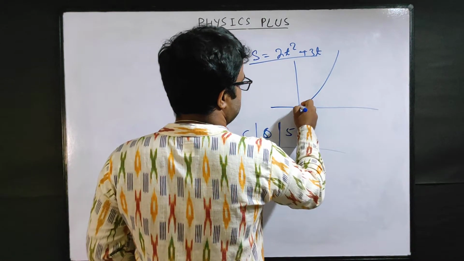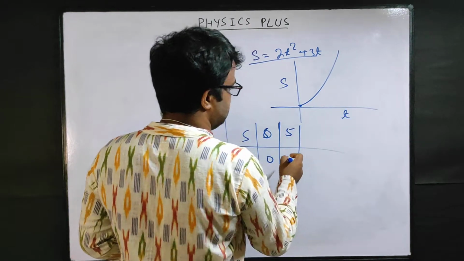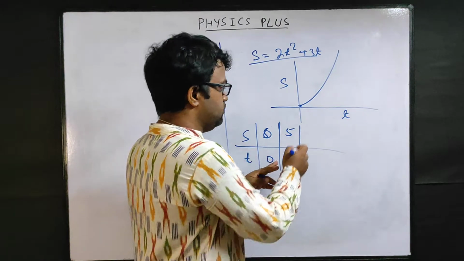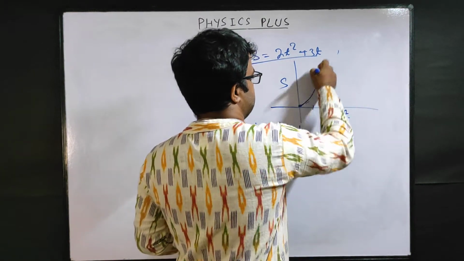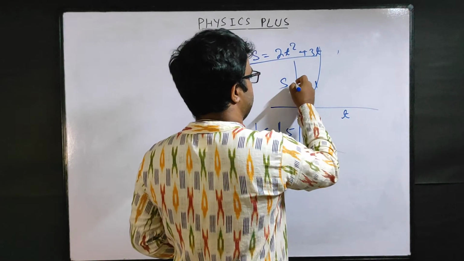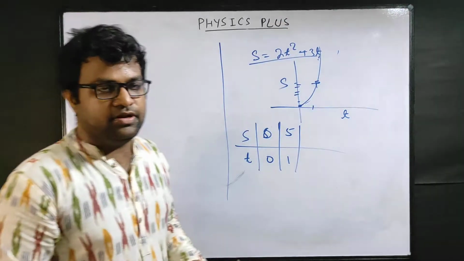So you can draw this is 0, 0, then this is the t axis, this is the s axis or y axis. So for 1, this is 5. So the growth is like this, right? This is, let's say, 5, 1, 2, 3, 4, 5. And other points you will get like this.